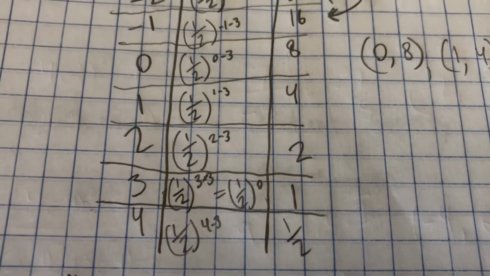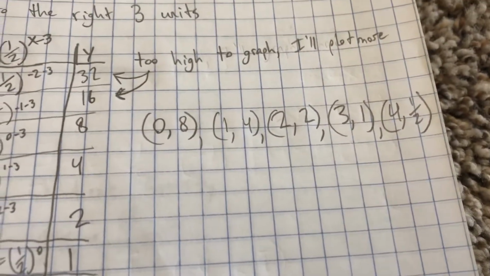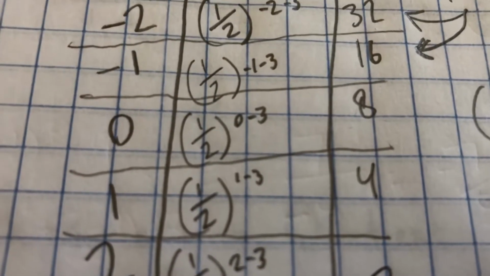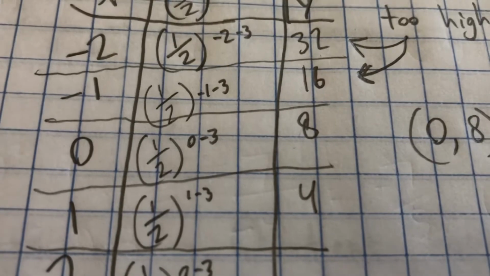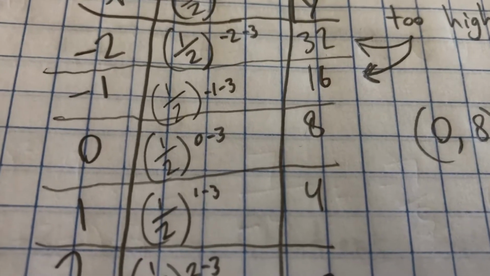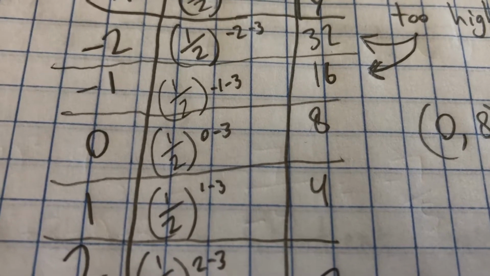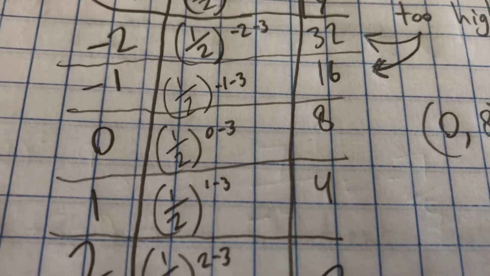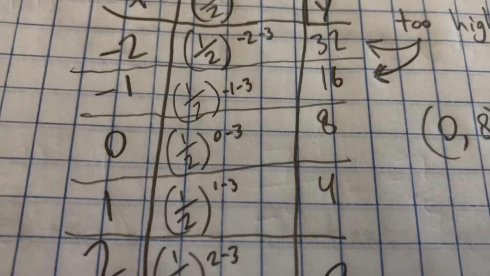at the y-intercept, which is going to be 0, 8. If we plug in 0 for x, and do the math for that exponent real quick, you end up with 1/2 to the -3rd, and that ends up being 8.